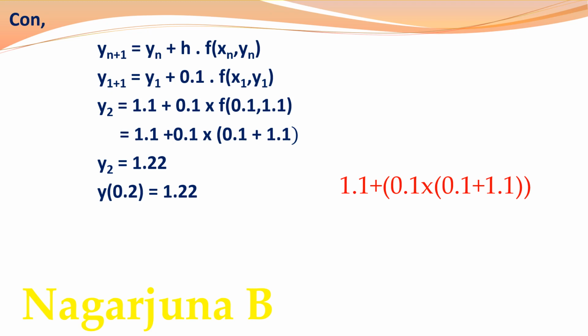That is x2 is equal to 0.2 and y2 is equal to 1.22. Since we need to find the value of y at x is equal to 0.3, we need to do one more step of finding x3 and y3.